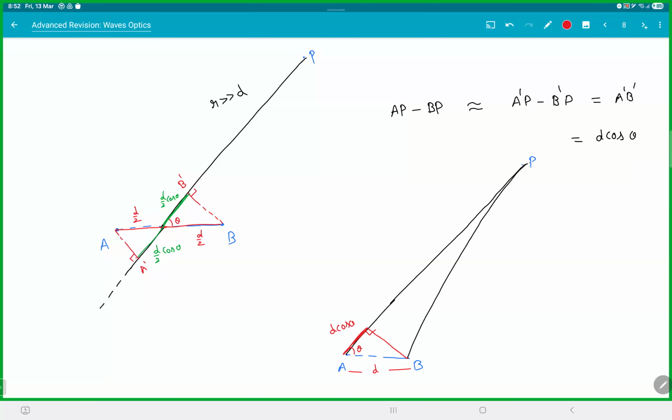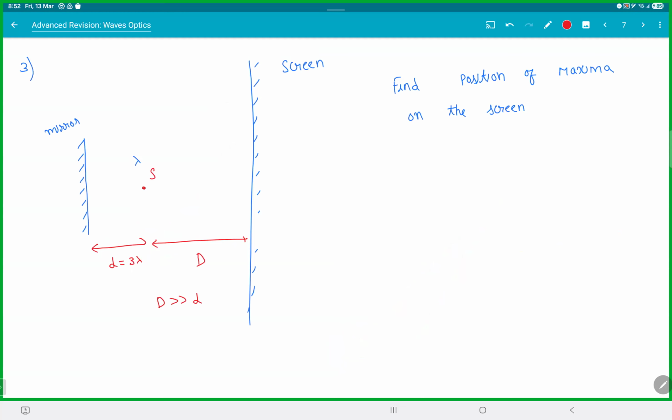From here also you can argue that AP minus BP is d cos theta. You're assuming this length and this length are equal, and the extra length is d cos theta. Both are right, because as long as you approximate right, everything works. You see which one you like. End of the day, this will be d cos theta. You should know this approximation; it comes a lot. You'll need that here. That is the reason I gave D is much, much greater than small d.